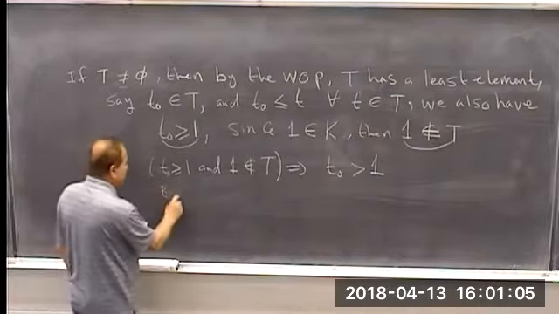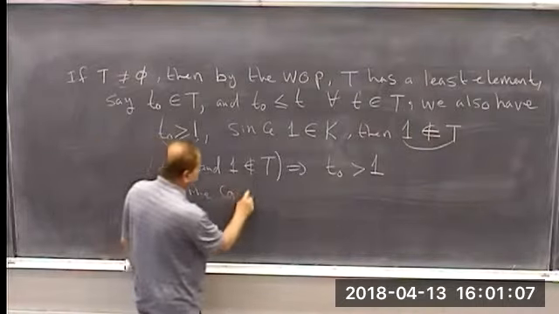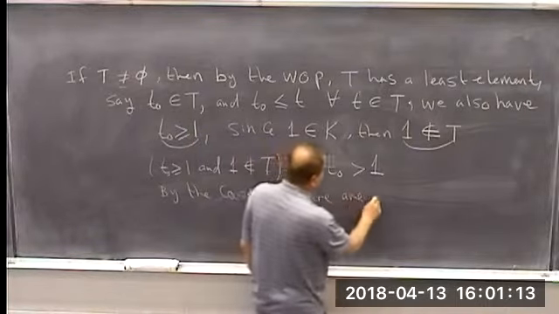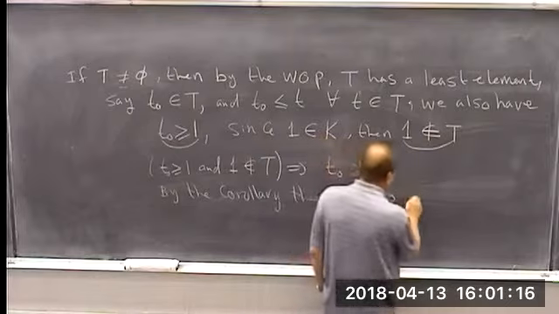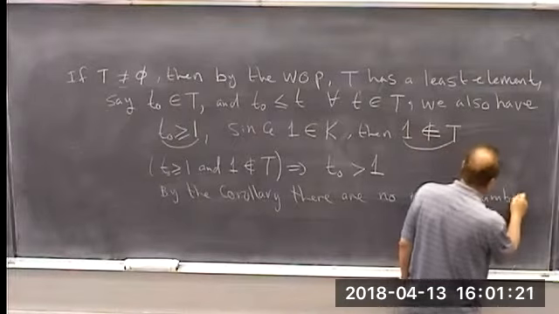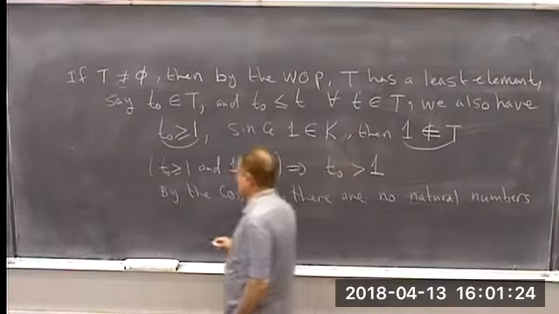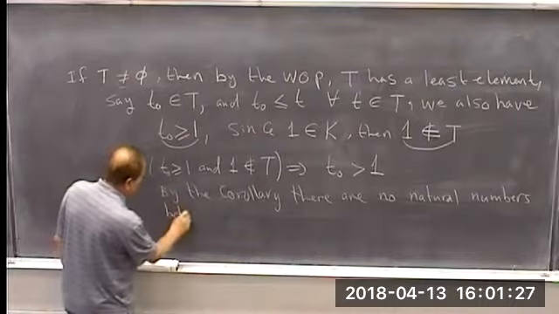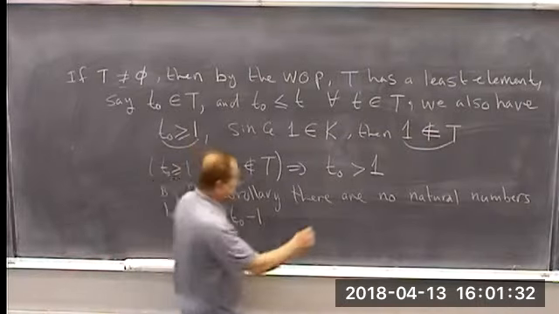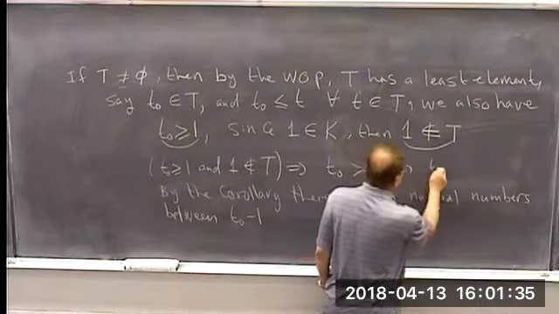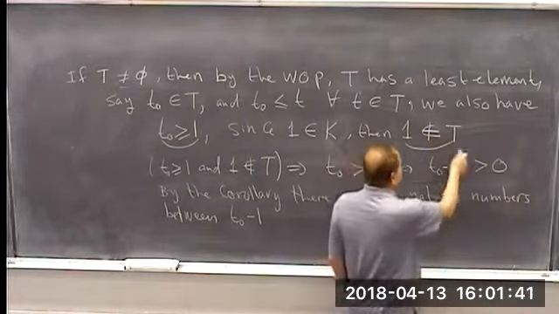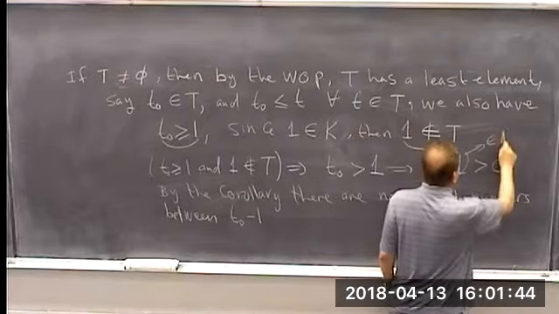By the corollary, there are no natural numbers between T0 minus 1 and T0, because from here we would say that T0 minus 1 is bigger than 0, which makes this a natural number.